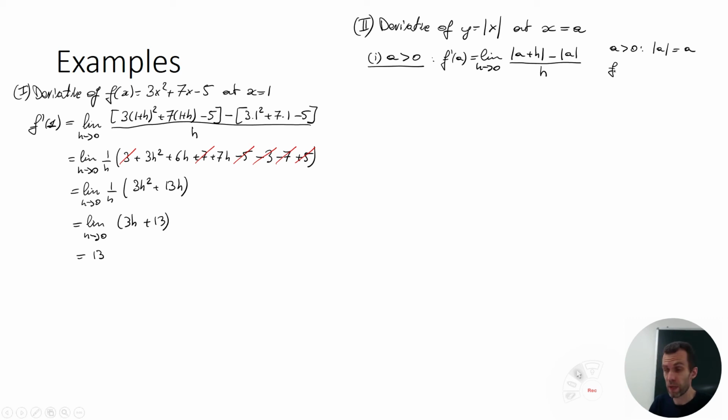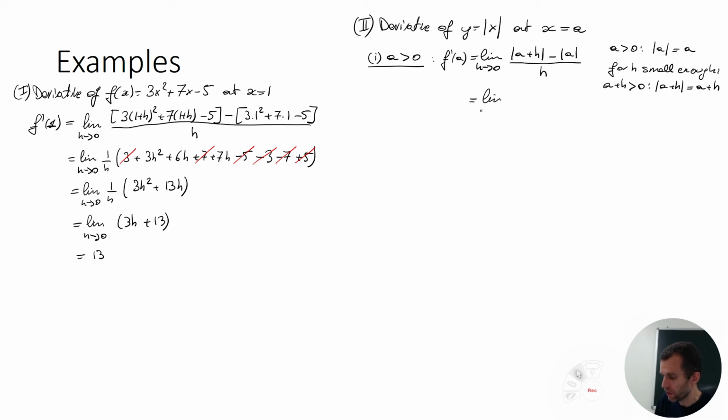But also what we have is that for h small enough, a plus h is also positive, and therefore absolute value of a plus h is also just a plus h. And you might wonder why, or can we be sure that h is small enough? Well, yes, because we're going to take the limit h going to 0, so h is becoming smaller and smaller.